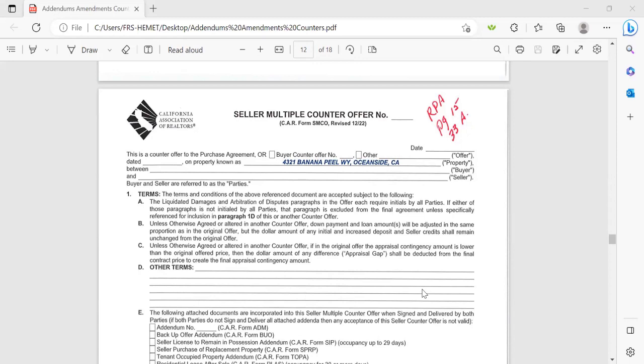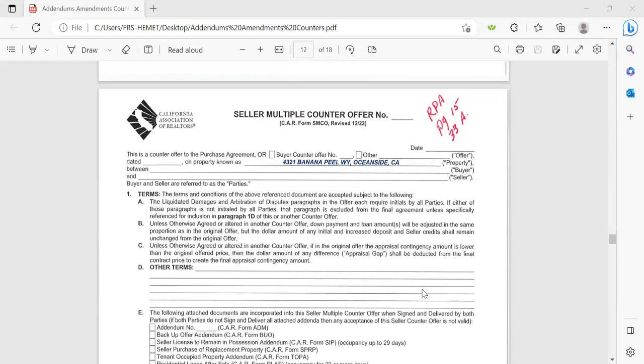Now, if you got 5 offers in and 3 of them are crappy, they're investors trying to steal something or something else, but the other 2 are, who knows, owner occupied, good credit, all of those things, and you only want to counter those 2, because maybe you want the purchase price to be higher on this one and maybe you want a little extra time to close on that one, whatever it is. They don't even have to be the same.